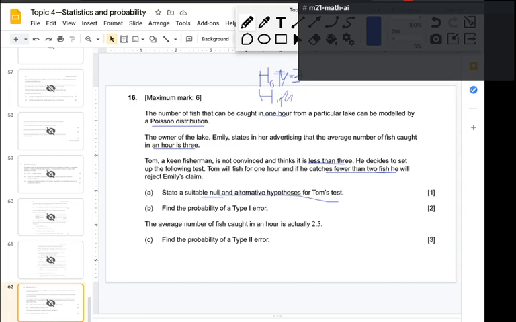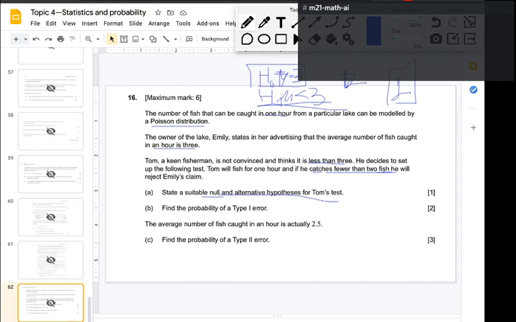So it would be like this. You would have significant evidence to reject this claim if Tom catches fewer than 2 fish, so fewer than 2 would be 1 fish. Right, because this is Poisson and it's discrete.